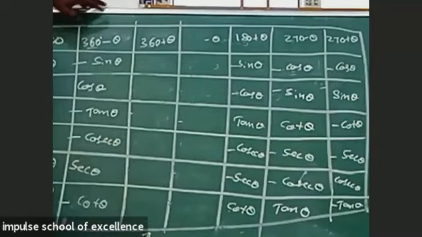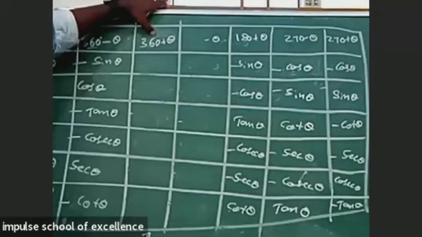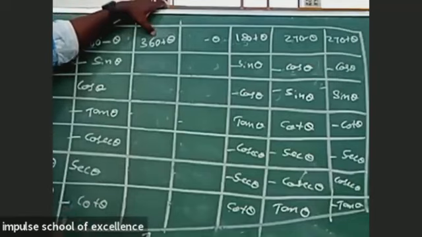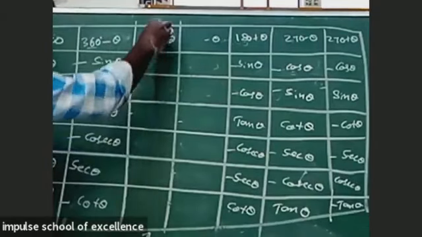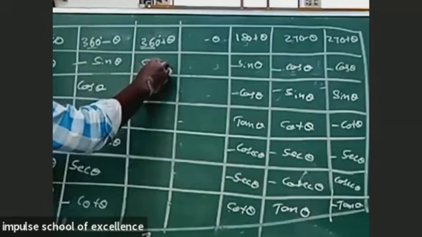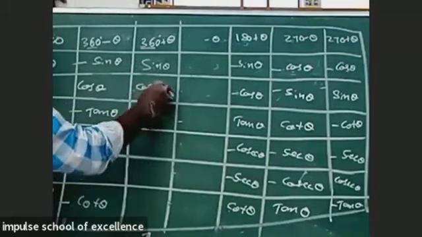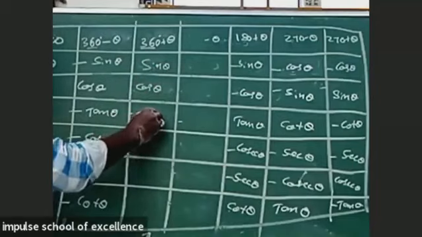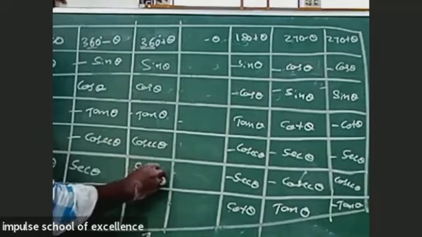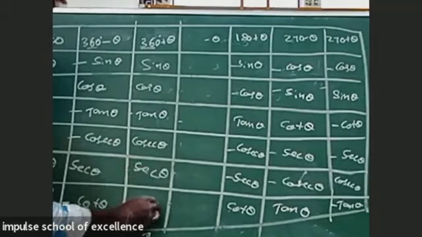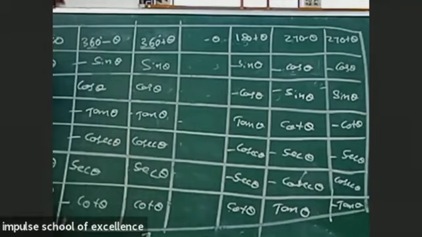In the same way, if you are observing 360 plus theta, once one revolution is completed, it again goes to the first quadrant. In the first quadrant every value is positive, so we take all the values positive. 360 is applied as it is. So sin theta will be sin theta, cos theta will be cos theta, tan theta will be tan theta, cosecant theta will be cosecant theta, secant theta will be secant theta, and cot theta will be cot theta only.